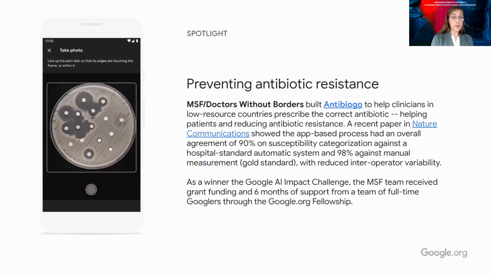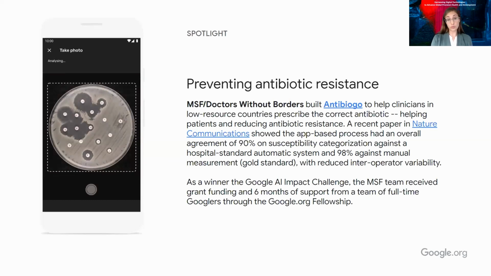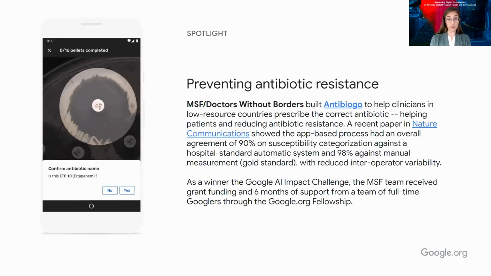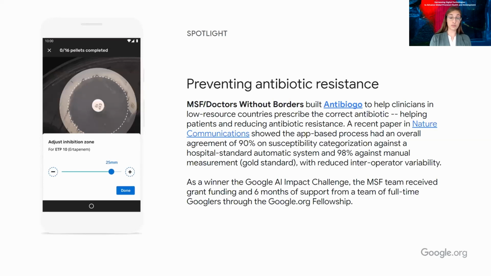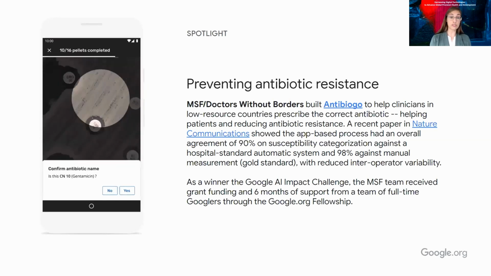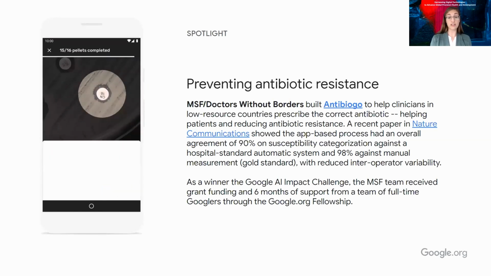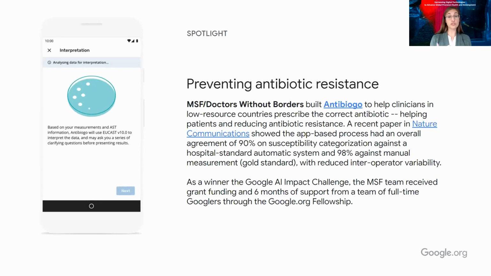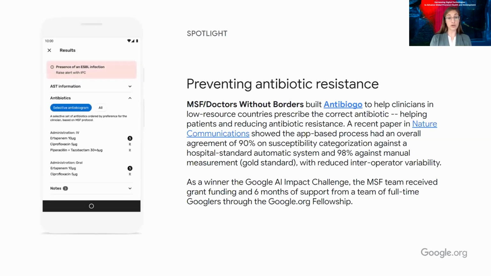As noted here on this page, the studies they've done on this tool, which is just in trials at the moment, I should say, are showing a really high level of agreement against both the standard automated tools and human interpreted results, which I think is really telling and shows the opportunity that we have to layer in these tools to clinical settings, as Manisha was mentioning, where there might not be technical expertise available on the ground.